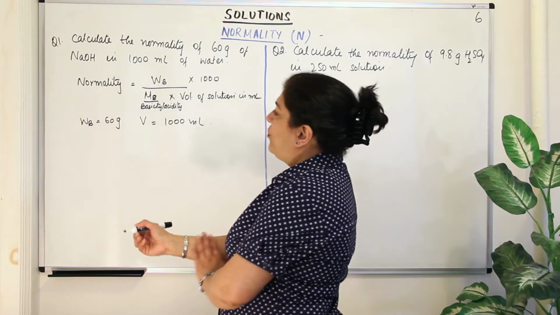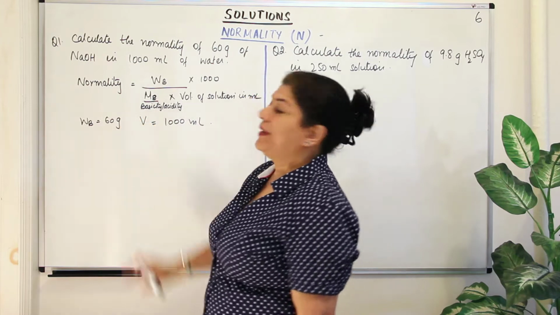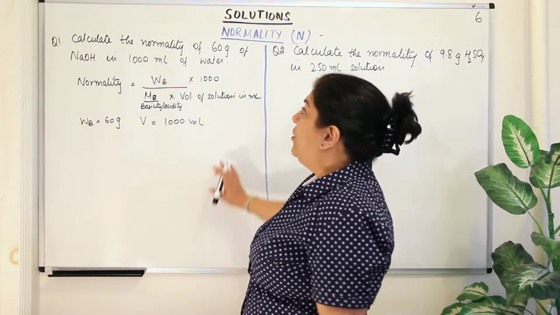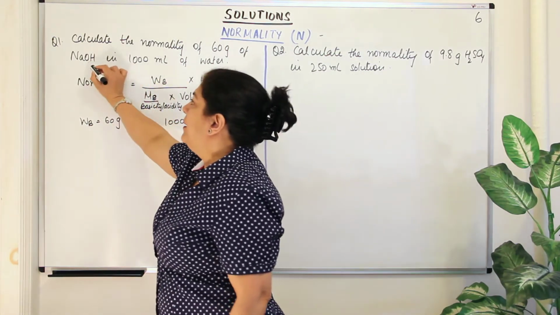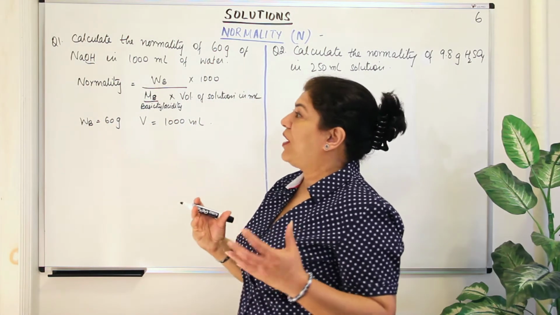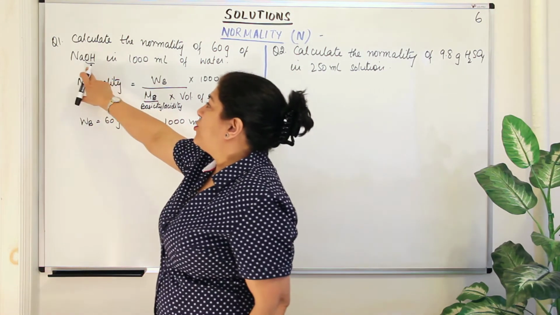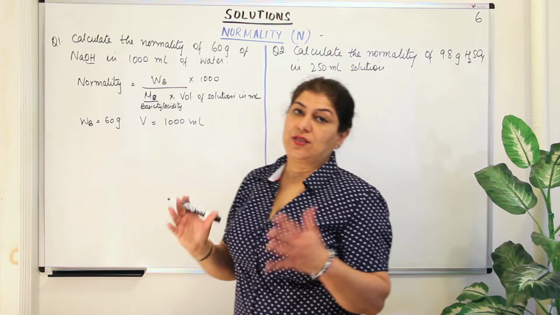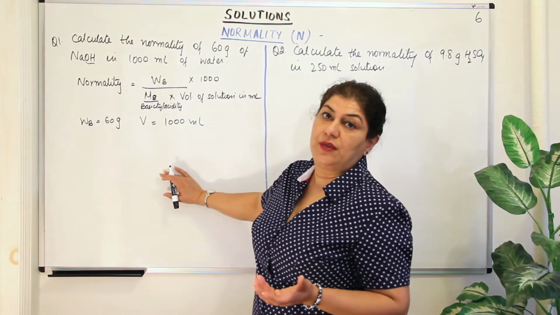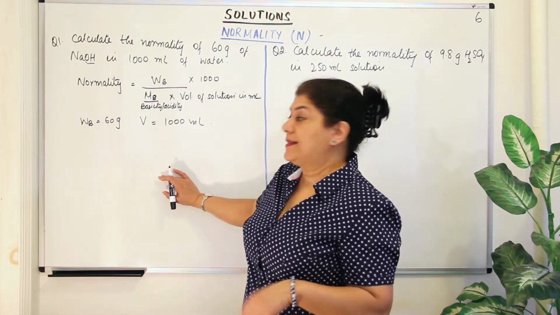In order to know the normality, you must know the molar mass of NaOH and you must know the basicity or acidity. NaOH has OH ion, therefore it's a base, so it has acidity. Is it a monoacidic base or is it a diacidic base? Since there is only one replaceable hydroxyl ion, therefore it is a monoacidic base.